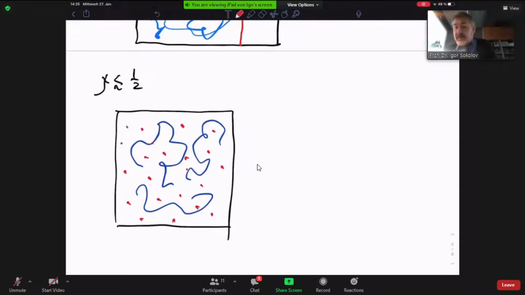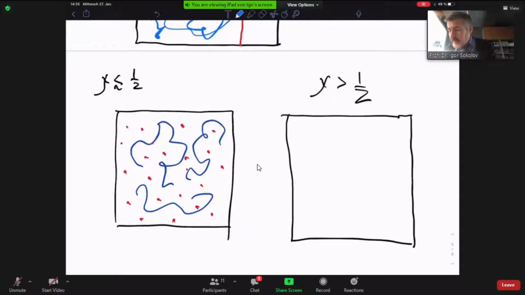In the case of a poor solvent, which exactly appears when chi gets above 1/2, the situation is very different. And as we will see, the molecules want to separate from a solvent. And now let's wait until the picture appears. Oh, slow.